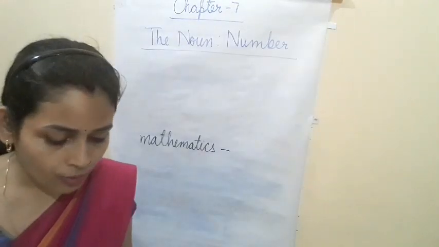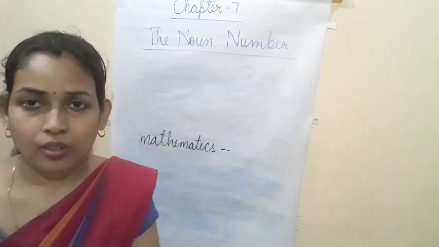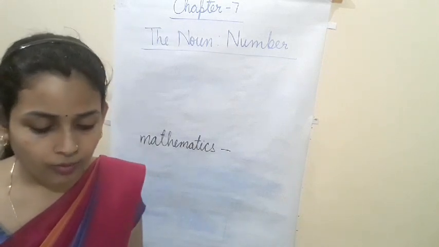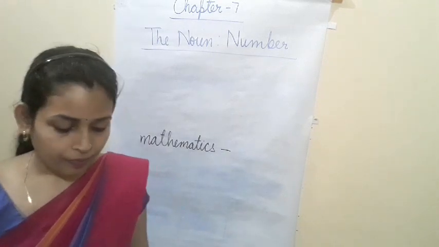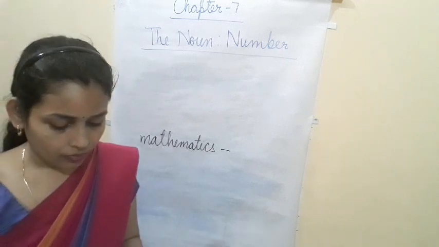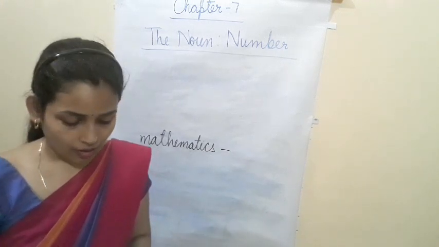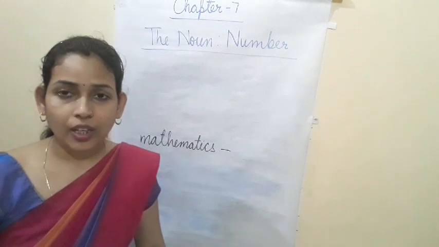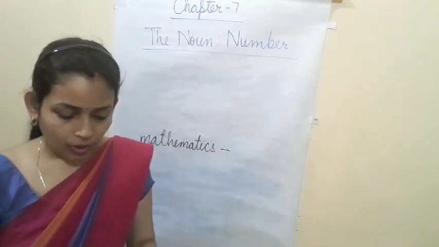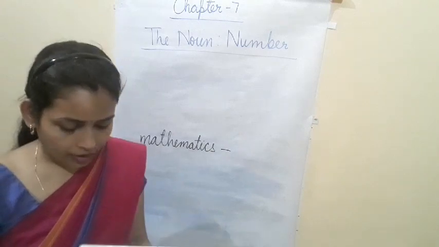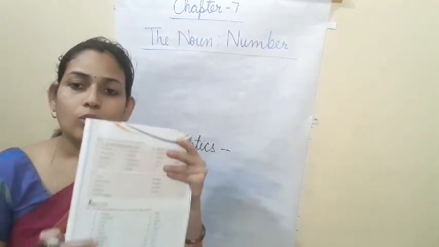Now look at page number 31. In this exercise, write the plural forms of the following nouns. I will upload this exercise, but you try to do it yourself with a pencil, because all the answers you will find here.